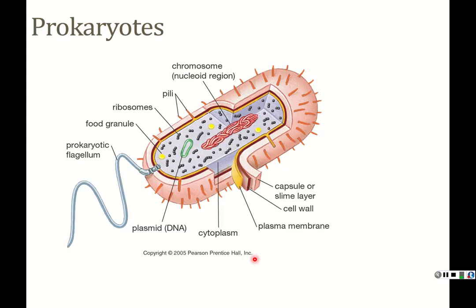So if we look at a picture here, we have the prokaryotic cell shown here, a bacteria cell. And again, no nucleus, but this folded up chromosome, folded up and probably stuck together with some proteins there, forms what's known as the nucleoid region.